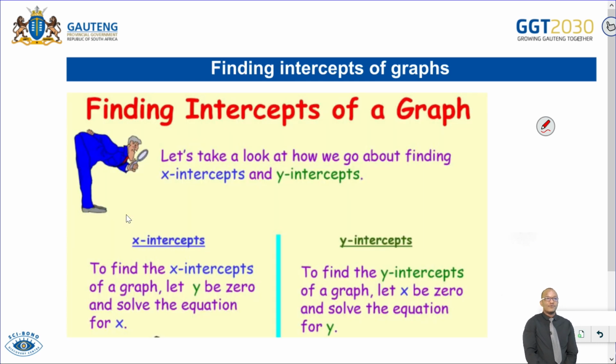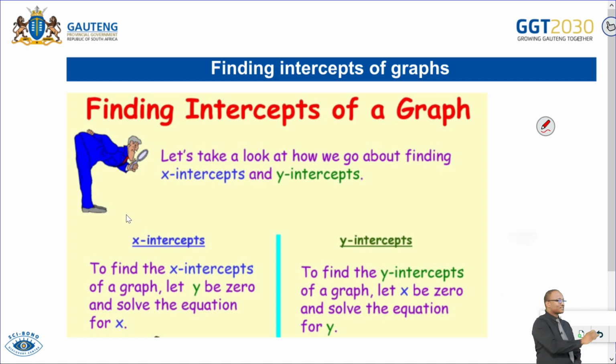Now we have to find the intercepts of the graph. In this case, they will give you the sketched graph, and then you must interpret your graph and determine the x-intercept and y-intercept.